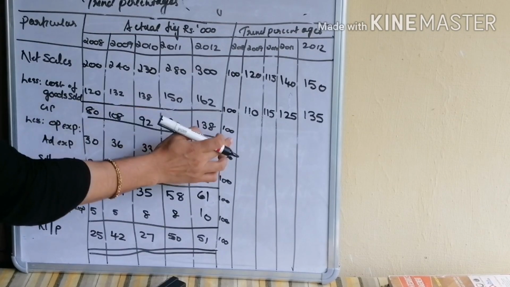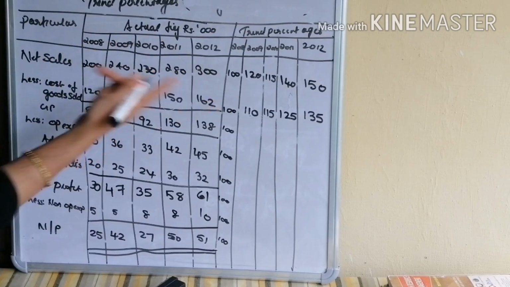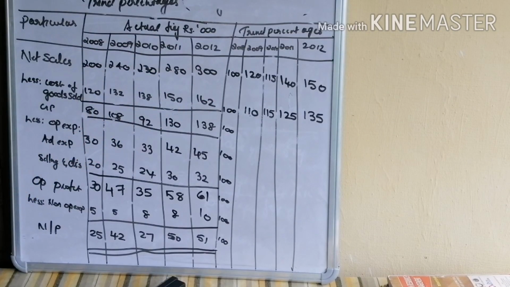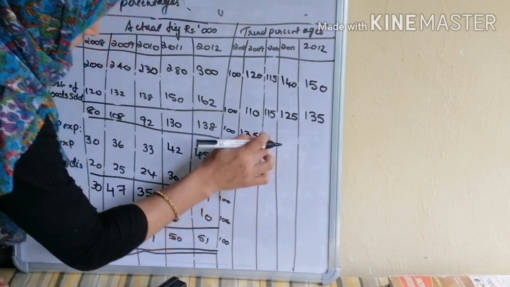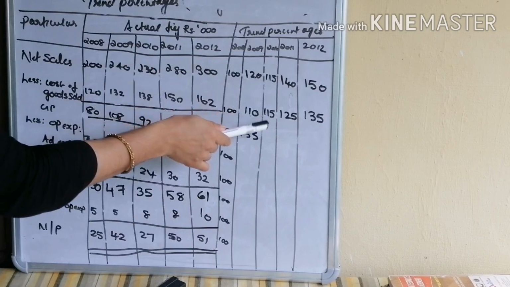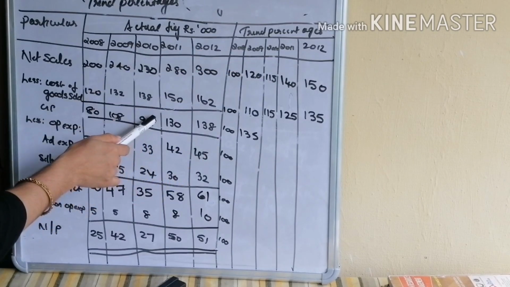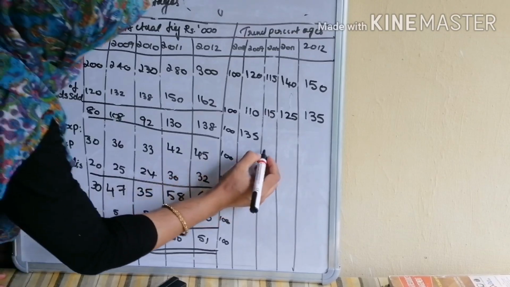The base year gross profit 80 is taken as 100. Then 108 divided by 80 into 100. What is the amount? 135. And for 2010, 92 divided by 80 into 100. What is the amount? 115.